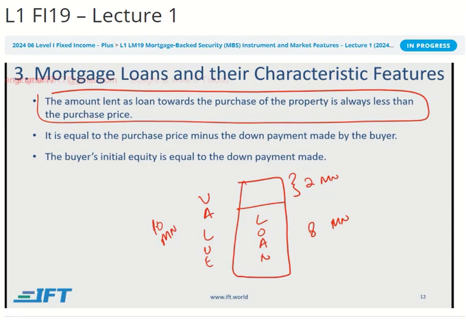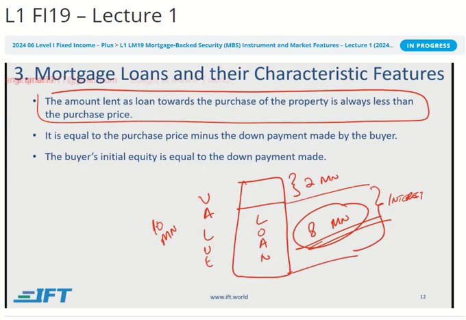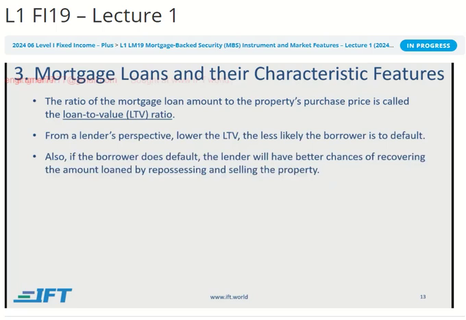Even if the value of the property goes down by 20%, you're still safe because you can easily recover your loan by forced sale of the property. Needless to mention that the interest that has to be paid will be only based on the outstanding loan, not on the entire value. So the loan to value ratio in our example will be 8/10, which is 80%.